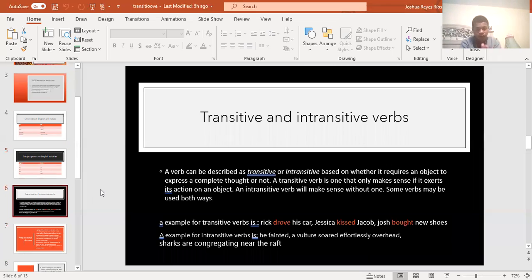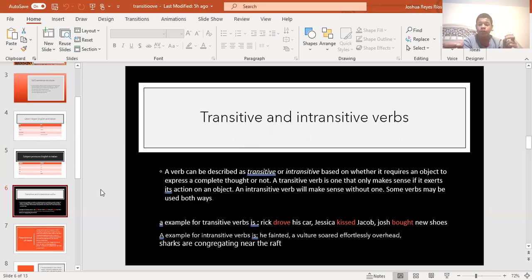All right, my favorite slide: transitive and intransitive verbs. A verb can be described as transitive or intransitive based on whether it requires an object to express a complete thought or not. A transitive verb is one that only makes sense if it exerts its action on an object.